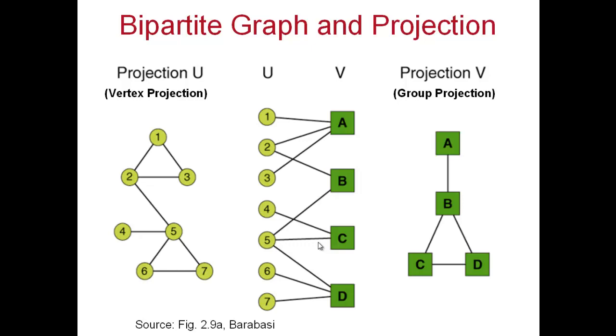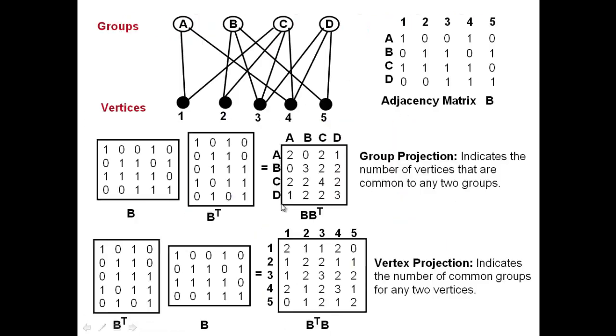Typically, the smaller set we will follow the convention of calling the group, and the set that has more vertices we'll just call the vertex set, just for our convention. So we'll have the rows as the groups and the columns as the vertices.